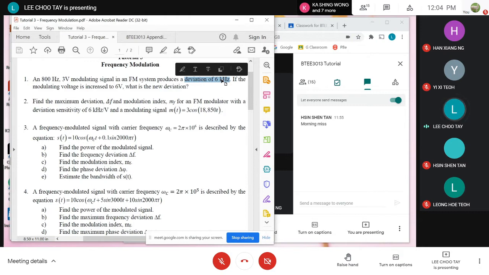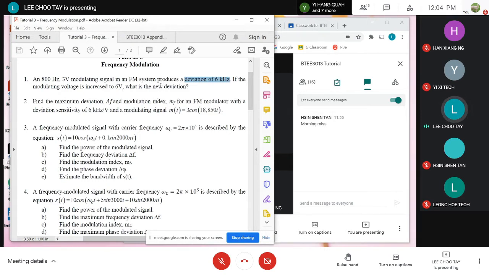And the symbol we use for frequency deviation is delta f, isn't it? So this tells us that your delta f is 6 kilohertz. So we know delta f, we know Vm. So if the modulating voltage is increased to 6 volt, now we have Vm that is 6 volt. What would be the new deviation?